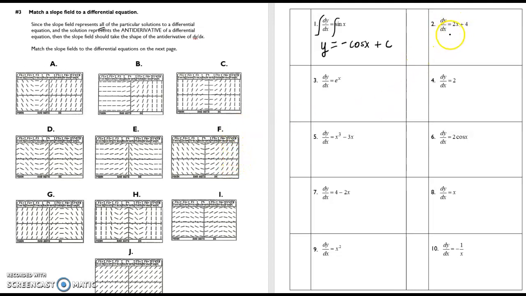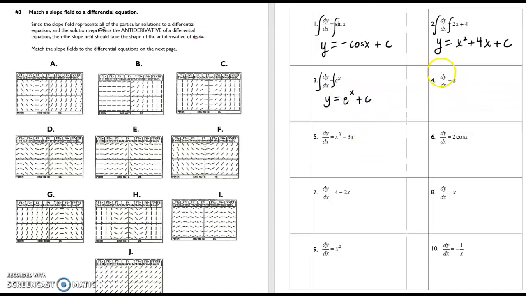Okay, in number 2, we have 2x plus 4. So if we integrate both sides there, we have y equals x squared plus 4x plus a constant. Number 3, we've got the antiderivative of e to the x, which would just be e to the x plus c, super easy.